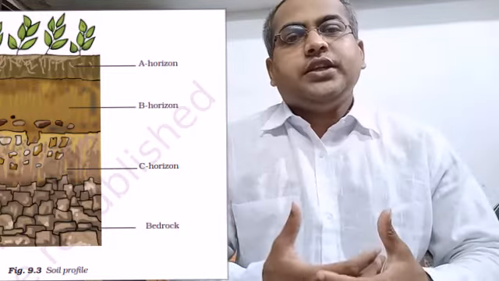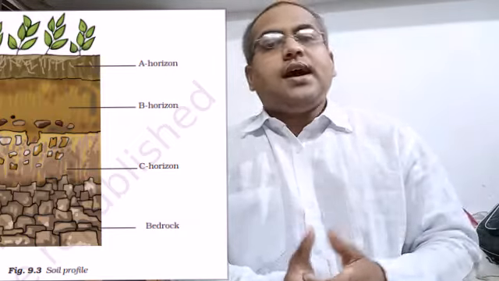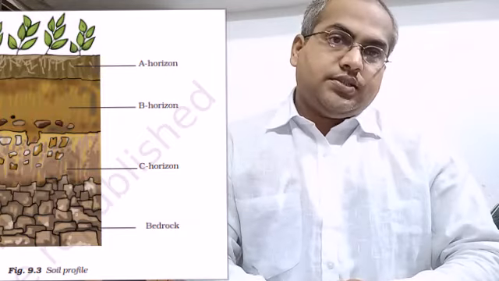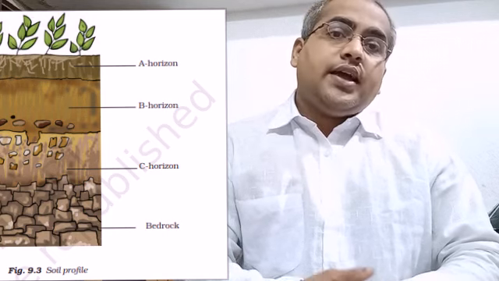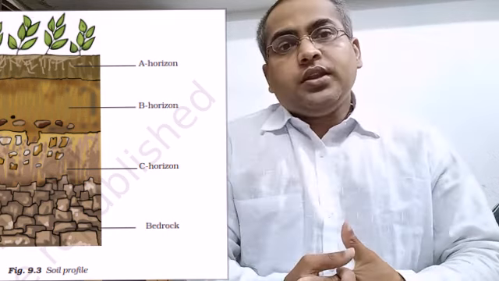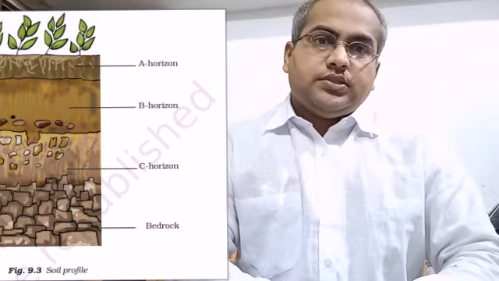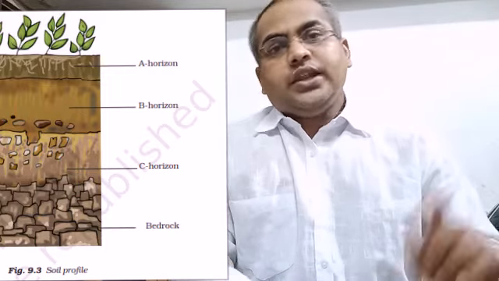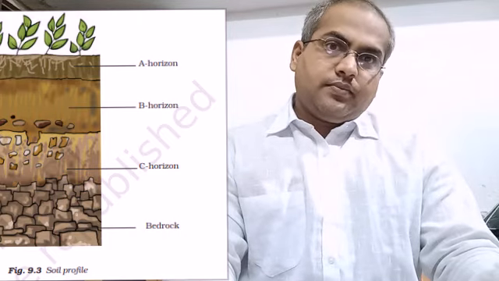Chemical composition is also different at every layer. And these layers are referred to as horizons. Normally there are three horizons, that is horizon A, horizon B, horizon C.